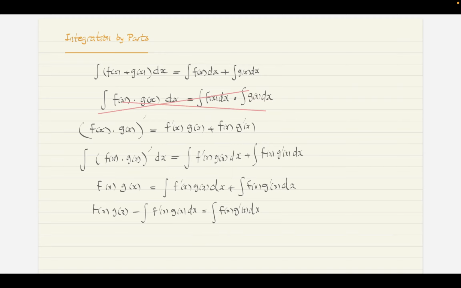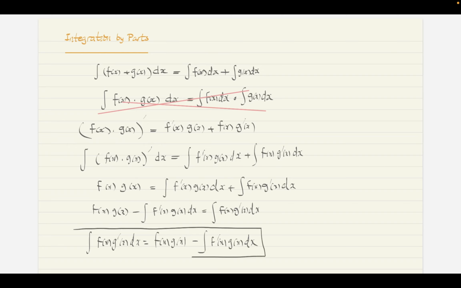The integral of f(x) g prime(x) dx is equal to f(x) g(x) minus the integral of f prime(x) g(x) dx. That is the best we can do until the functions f and g are given explicitly.